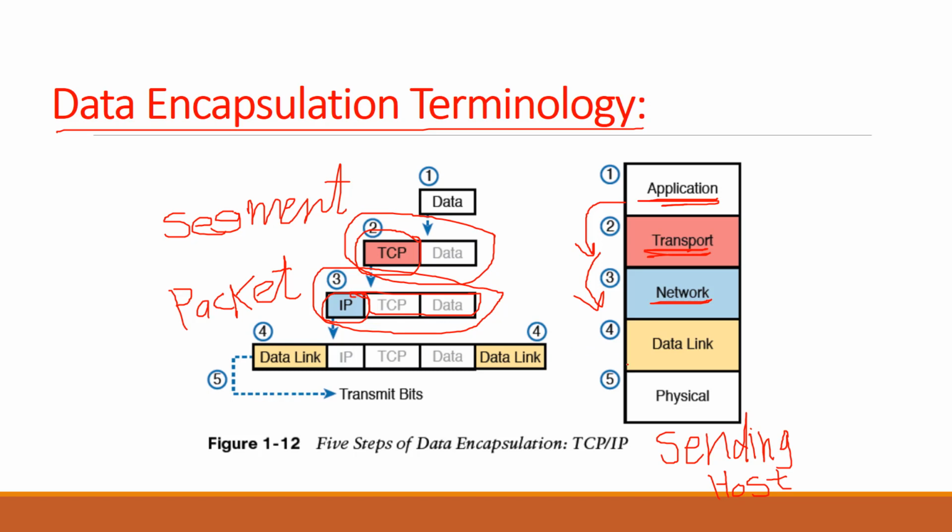And when the data link layer receives the data from the network layer, it considers, by the way, the data and TCP and IP as data. It doesn't know anything about the details here. It adds a data link header and data link trailer, and all this is called a frame.